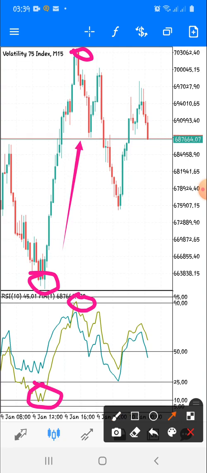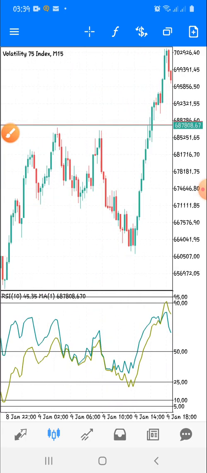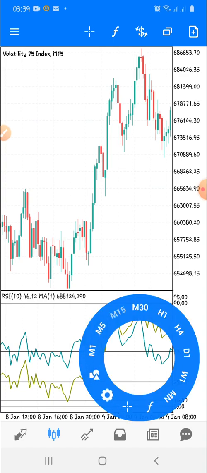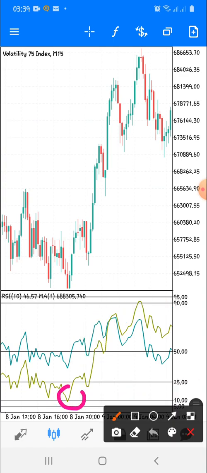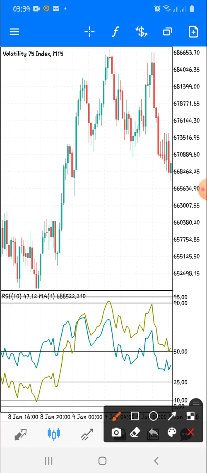That's how we use our strategy. If we check also on this side, when it is closer to or at the 10% zone, we buy. When it is at the 90%, don't make that mistake.